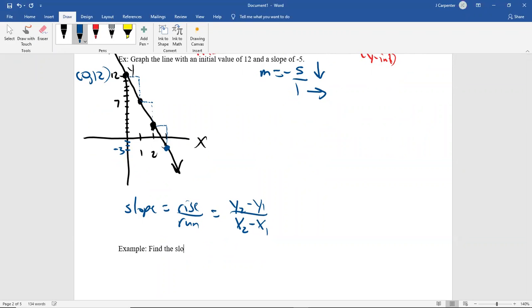So find the slope of a line going through (-1, -5) and (-2, 12). And that's all I'm asking for, not asking for the graph.